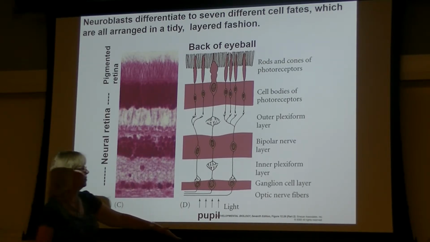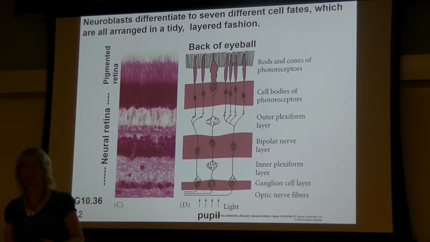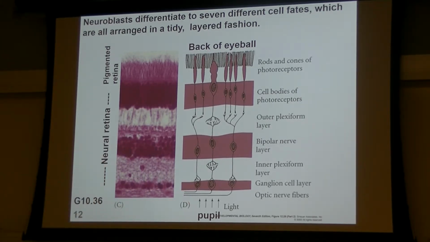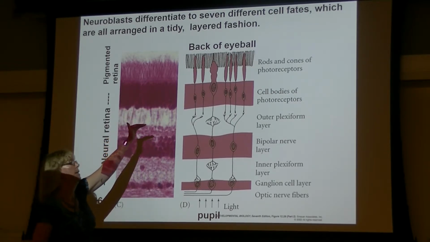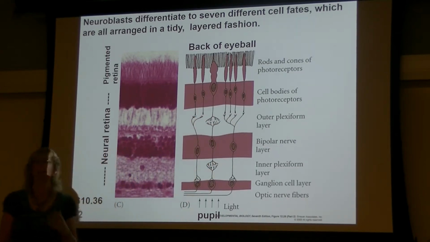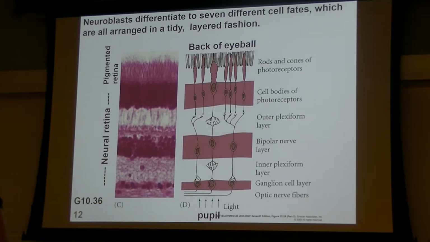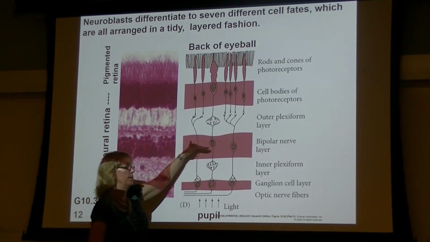So from the pupil going into light, you would think that it encounters photoreceptor cells first, but actually the photoreceptor cells are more at the back of the eyeball. And they have this array here where they have rhodopsin or light-sensing pigments within those cells. And then they can sense whether they've encountered light, and they communicate that to another layer of cells, the bipolar nerve layer.